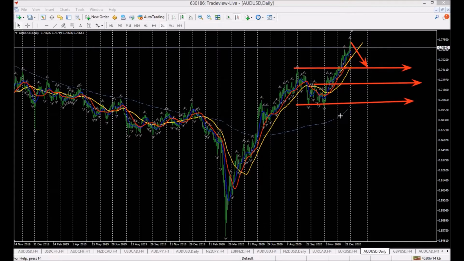So what we have to also consider is that as it's taking time, this is going to be the trajectory of the 200 MA. So if the price was to just go along there like that, the 200 MA is going to catch up to price. So this doesn't have to fall all the way down here. It could just go sideways until the 200 MA catches up. If it goes sideways, pretty confident it's going to hit this level here.